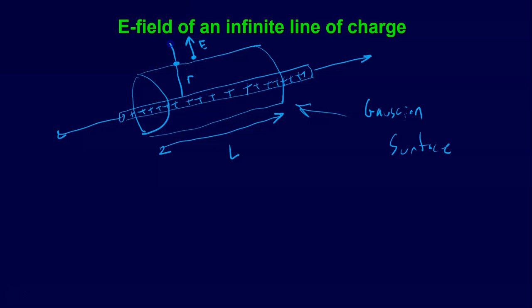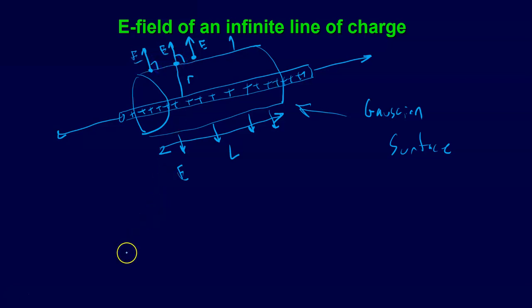And the thing is, you hopefully just want to hit home this point that the electric field on the surface of this cylinder has to be constant, right? It's the same distance from this charge, and it also has to be pointing exactly away from the line of charge, meaning that this is 90 degrees, right?